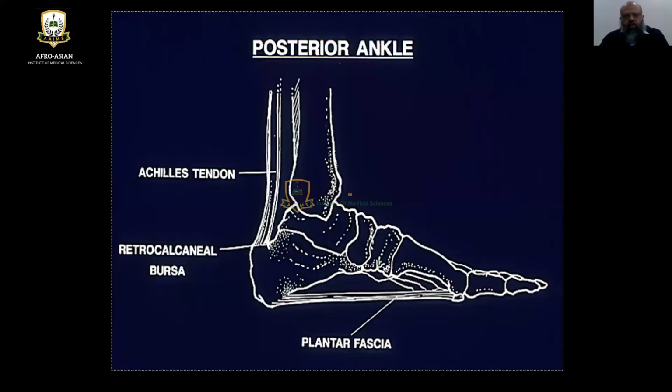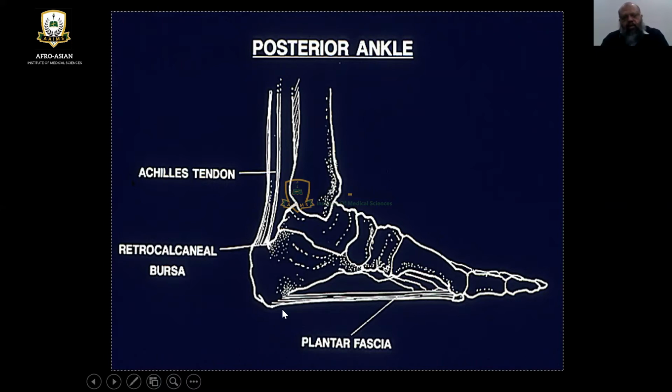If you look at the posterior ankle, we have the strongest tendon of the body, which is the Achilles tendon or tendo Achilles. And just below it here is the retrocalcaneal bursa. Here is the foot.